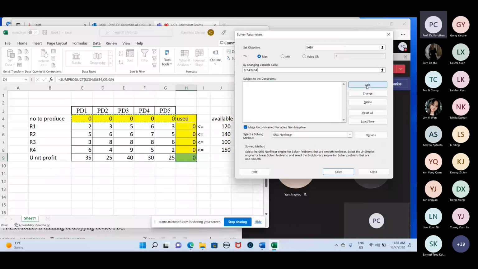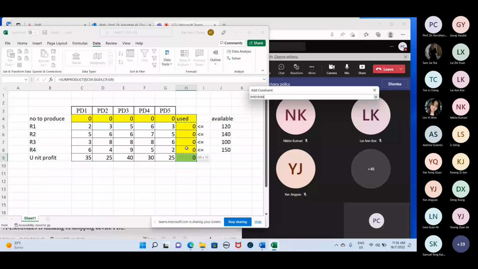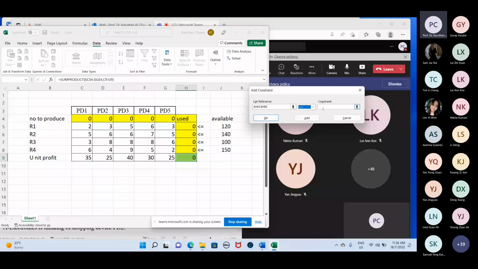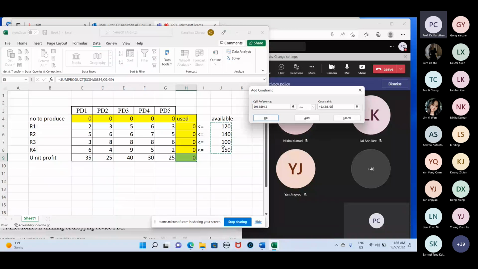On the left-hand side, what is used must be less than or equal to what you have on the right-hand side. You don't have to show this in your write-up. Don't have to show, okay? This is one working. Click OK.